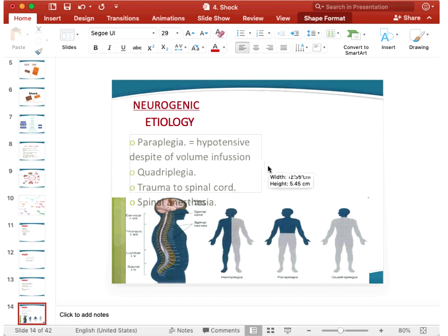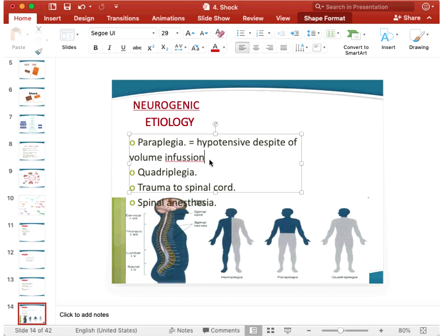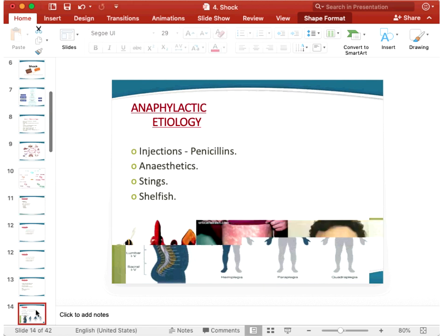So no matter how much volume you infuse to this patient, you don't see any blood loss, and you see your patient remains hypotensive. So you need to start vasopressors. That's a unique characteristic of this neurogenic shock.